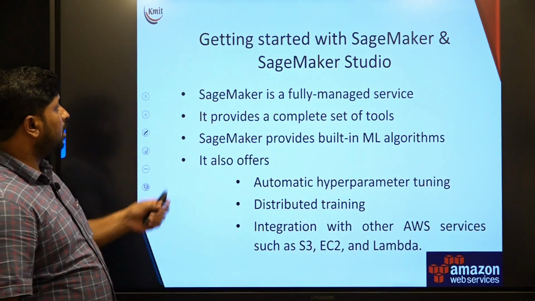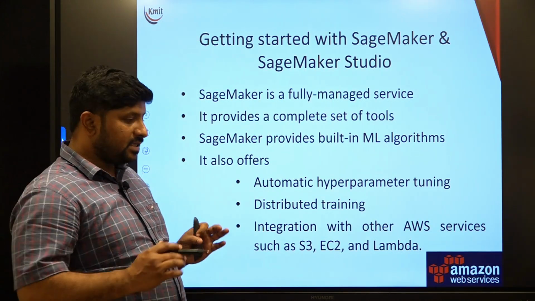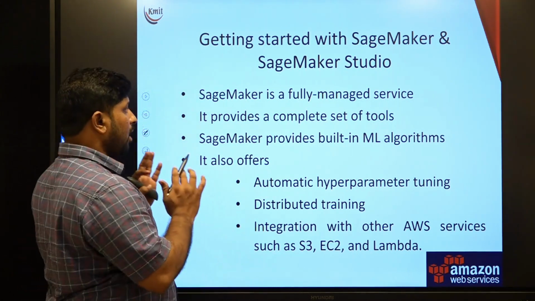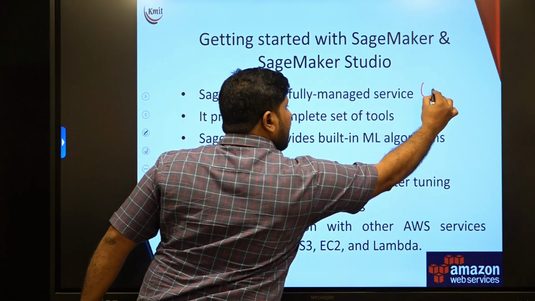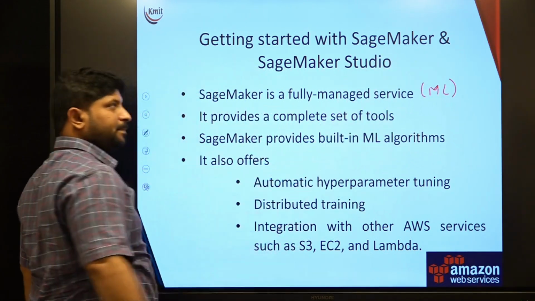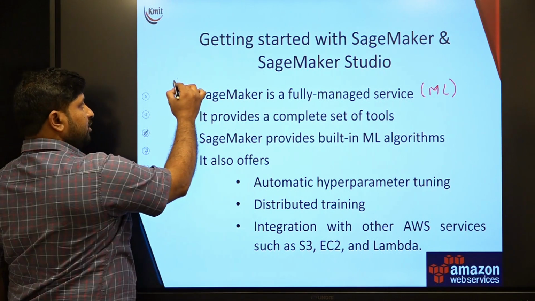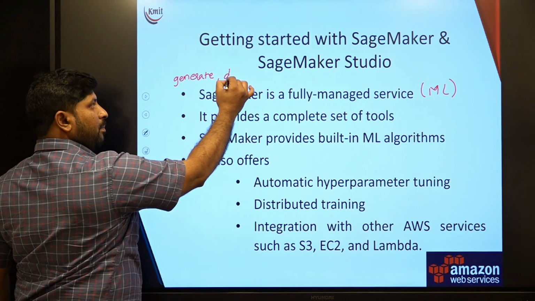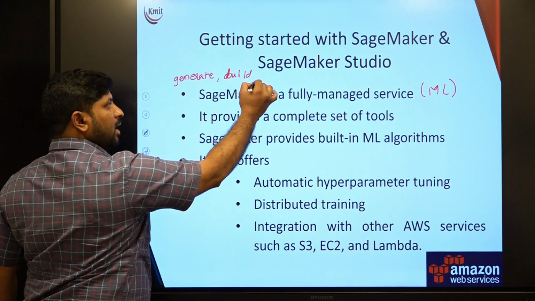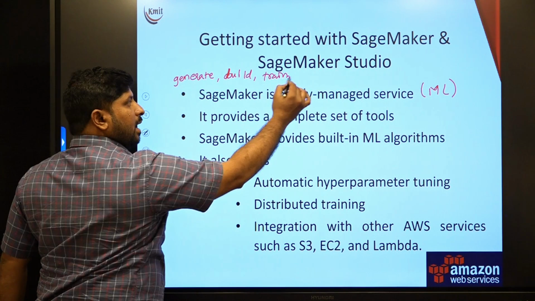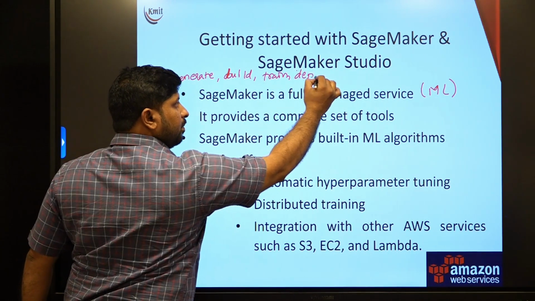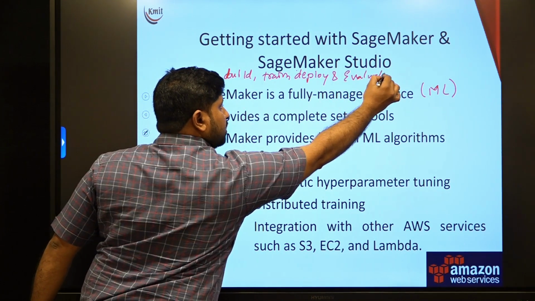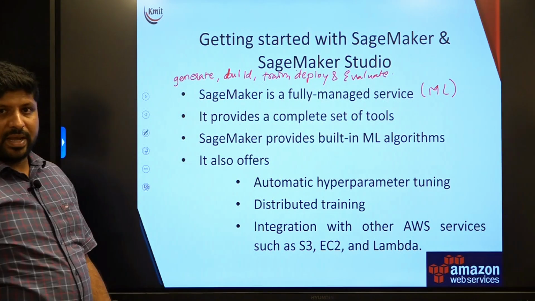Moving ahead, what is SageMaker? SageMaker is a fully managed service, and it is especially aimed at machine learning jobs, in order to generate the data, build the model, train the model, deploy the model, and evaluate, that is, test the models to optimize.